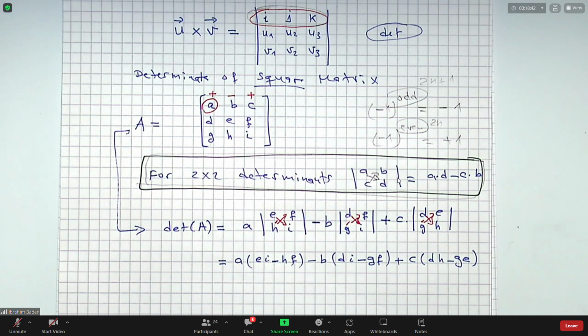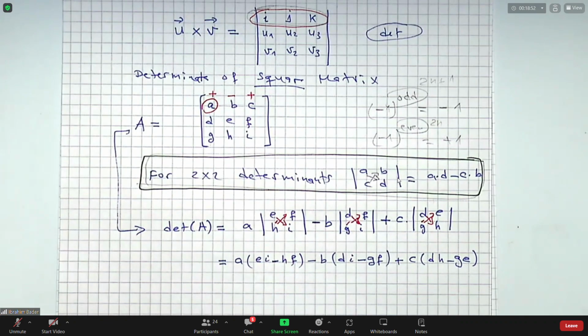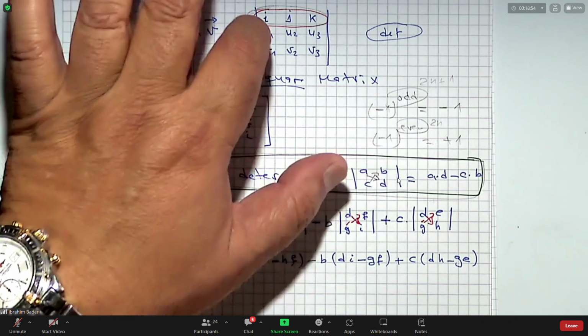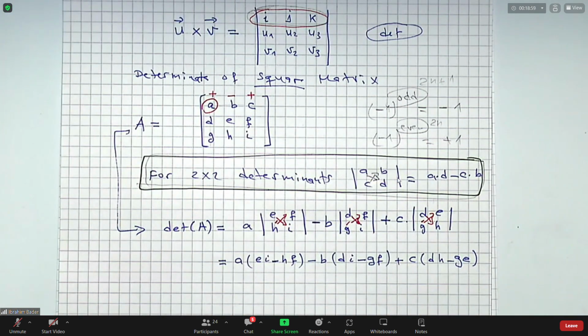You will be getting the same answer. But when we talk about cross product of vectors, please stick to using this along the first row. Is this clear? Because we will always place I, J, and K. So whenever we do an example and want to evaluate the cross product, we need to work along this.